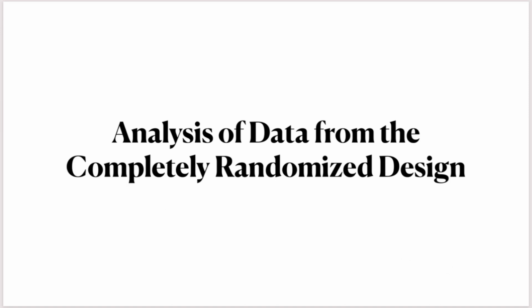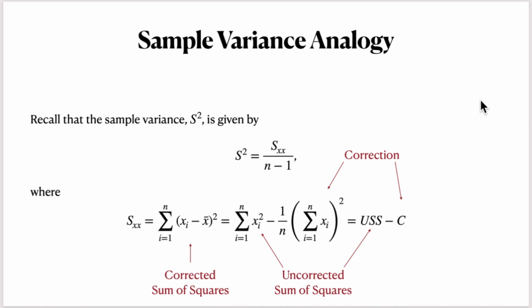Before we get into it, I want to look at an analogy with the sample variance. You're familiar with the sample variance, denoted by s squared, which is given by s sub xx divided by n minus 1, with n minus 1 being the degrees of freedom associated with the sample in this case.